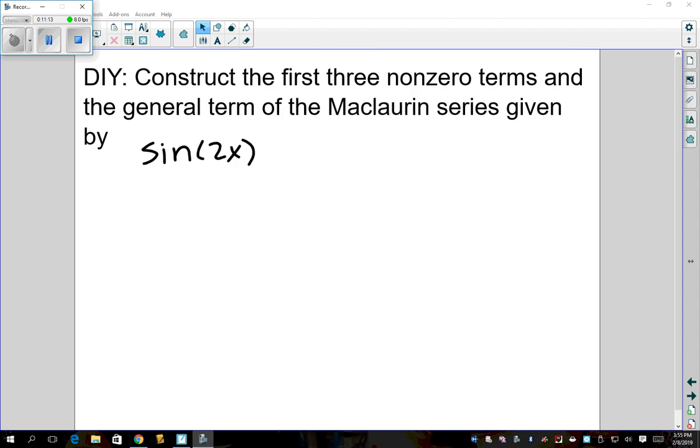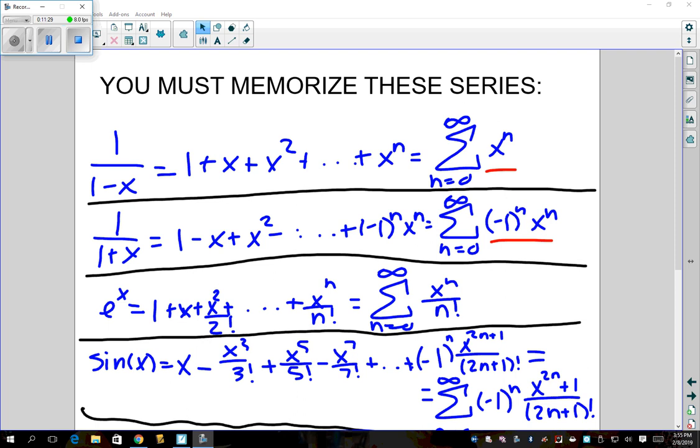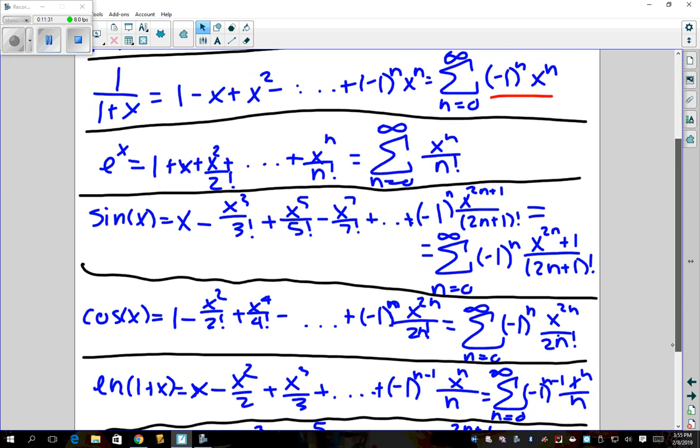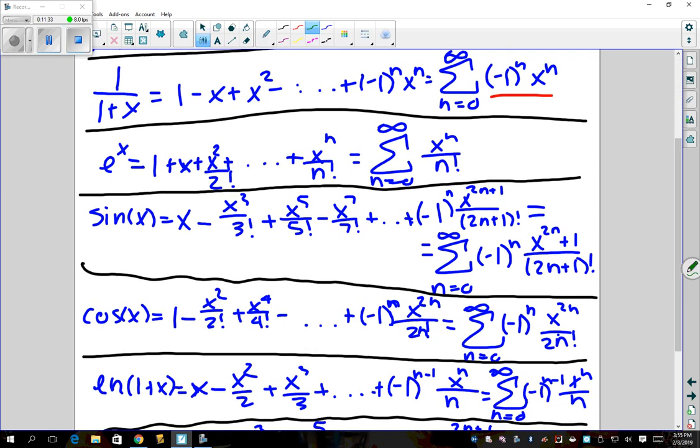So this is a really great DIY problem for you to try. It asks you to construct the first 3 non-zero terms and the general term of the Maclaurin series given. So we know, going back to the previous slide, that sine of x is this series right down here.